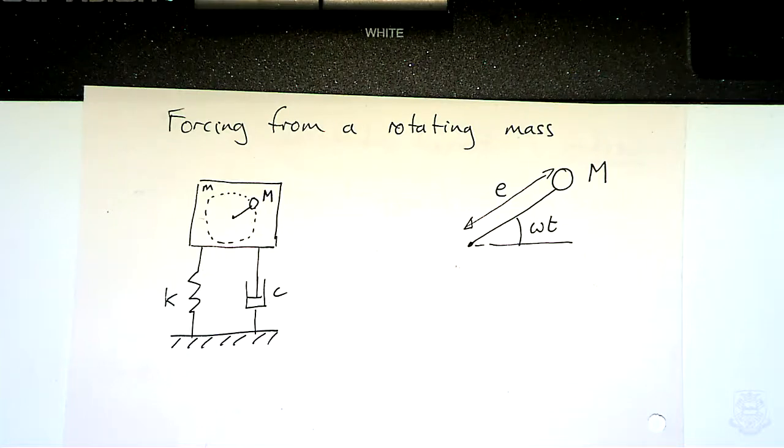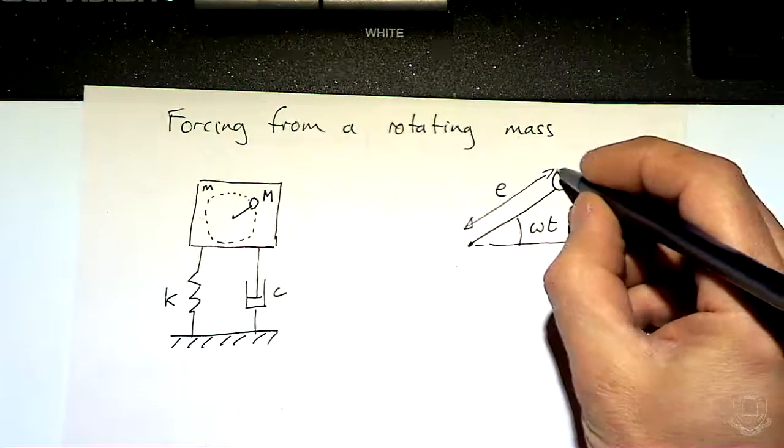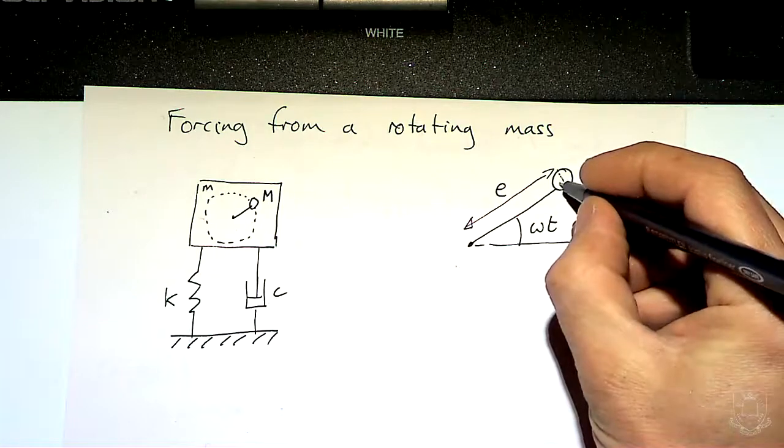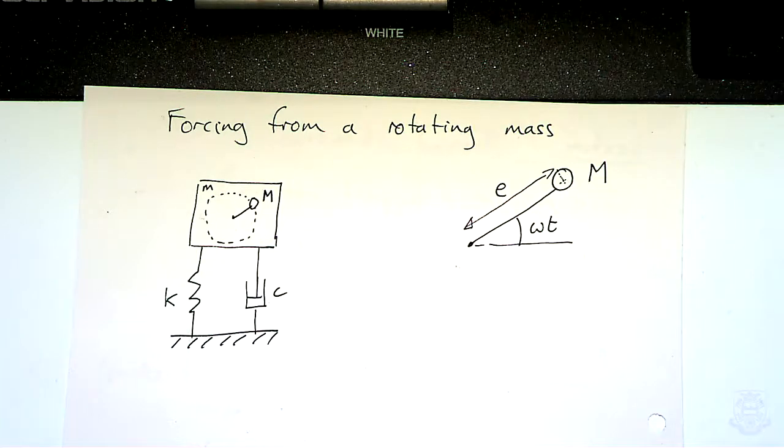When you've got lumped masses, we're always working from the center of the mass or the effective center. If it's an irregular shape, we'd work out from the effective center. So that's why it's normally called e, for the eccentricity.